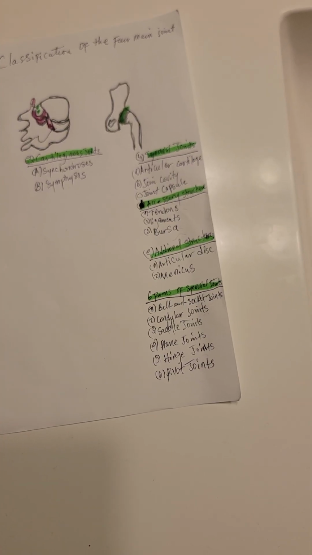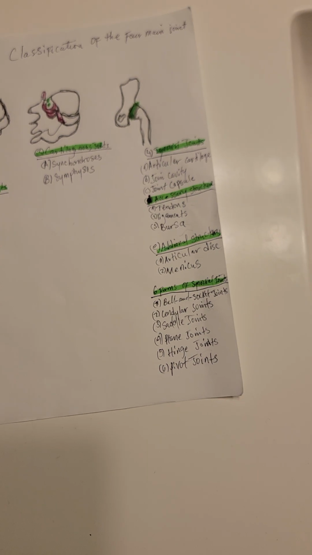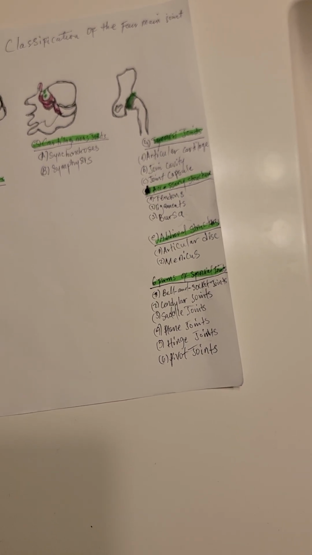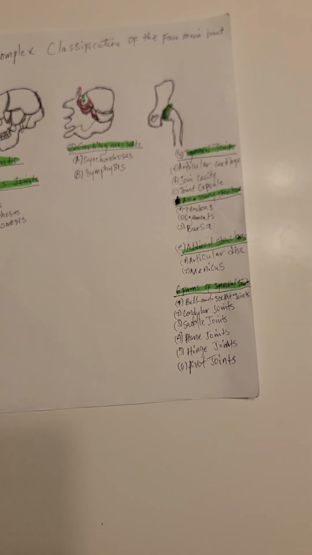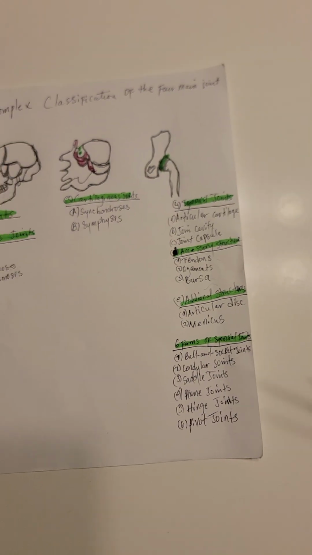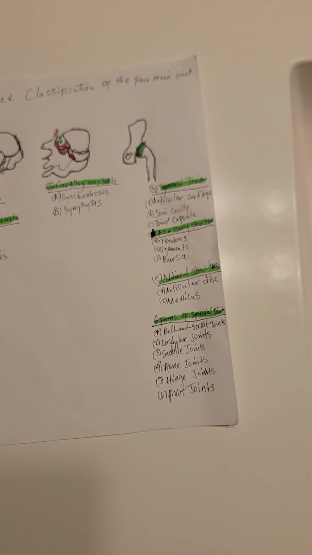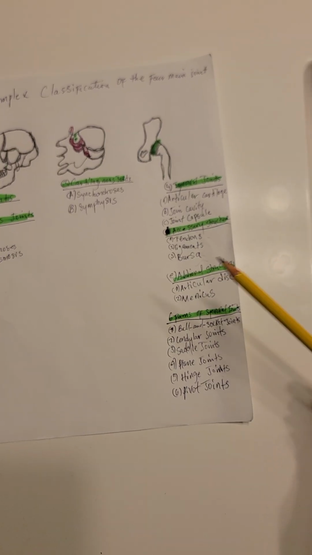These joints have a bit more complexity to them. The synovial joints have a narrow space between the two bones called a joint cavity. This is the joint cavity. This space is filled with synovial fluid that lubricates the joint and reduces friction.